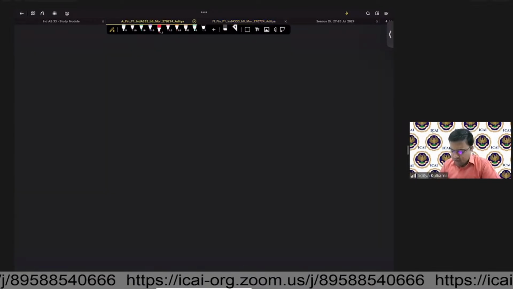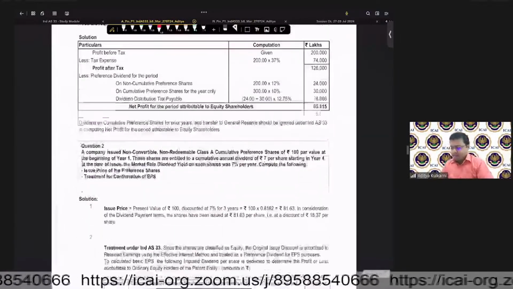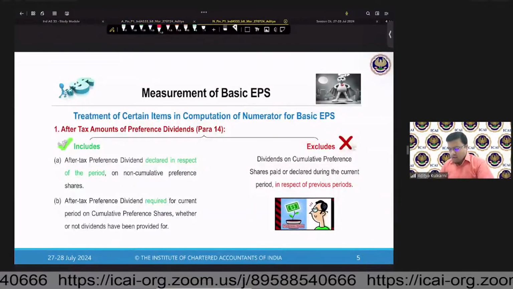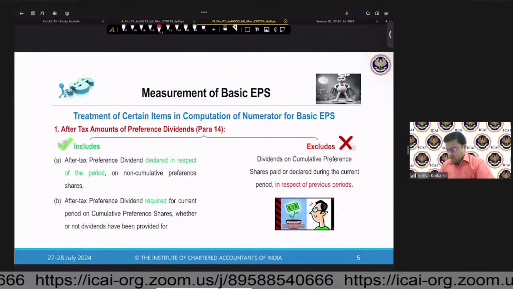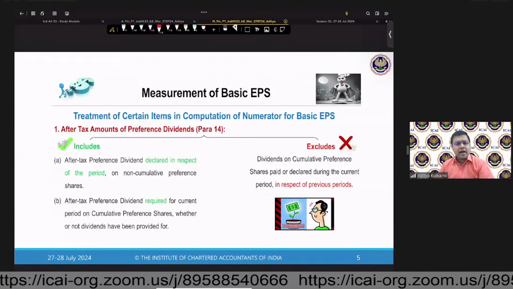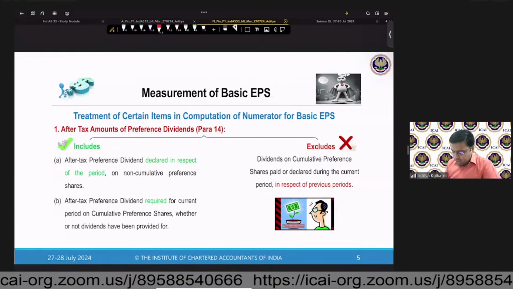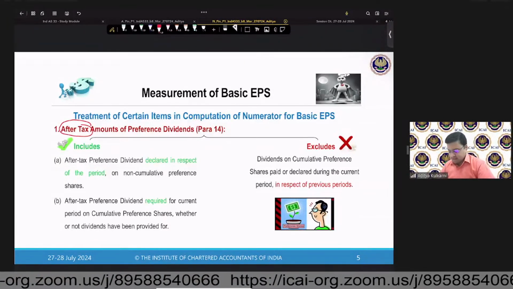So let us look at a couple of questions on that. Some of the basic preliminary questions. When we talk about the numerator for basic EPS, net profit attributable, there are certain special items that we will look at. First one is after-tax amounts of preference dividends.